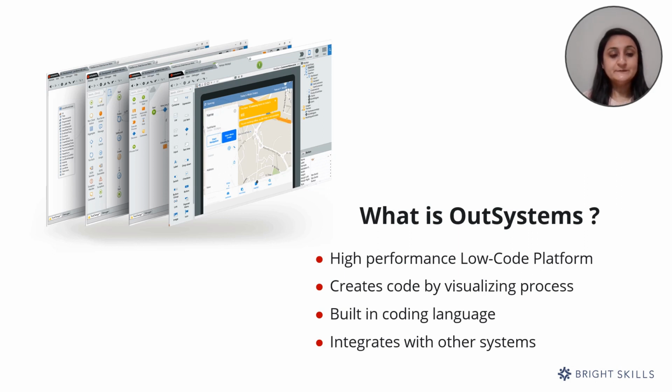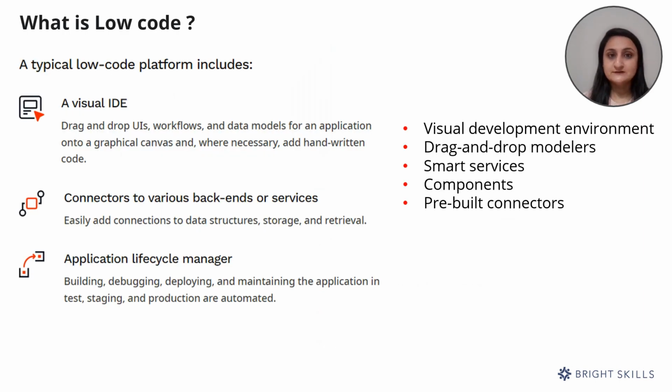Let's look at a short introduction to low code as well. Low code applications are built using a visual development environment with tools like drag and drop models, smart services, components, and pre-built connectors. They reduce the need to write code and significantly increase the speed at which applications can be developed and deployed.